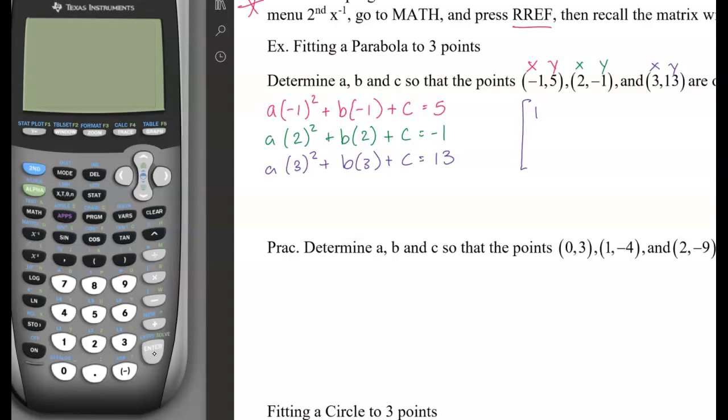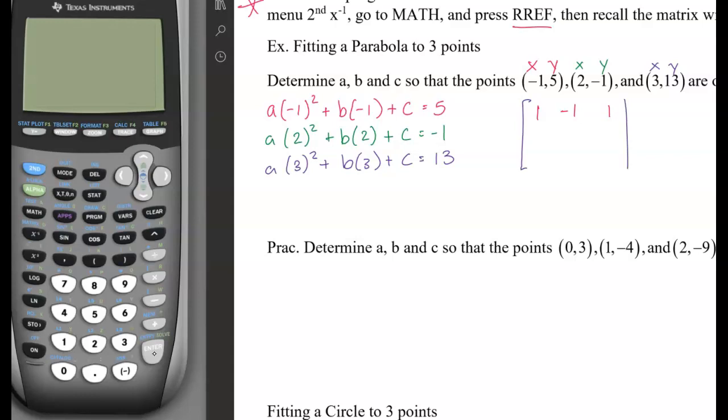Oh, maybe let's do the same colors. Let's be all fancy. Plus B times -1 means my coefficient is -1. Now, what is the coefficient on C? 1. Wonderful.